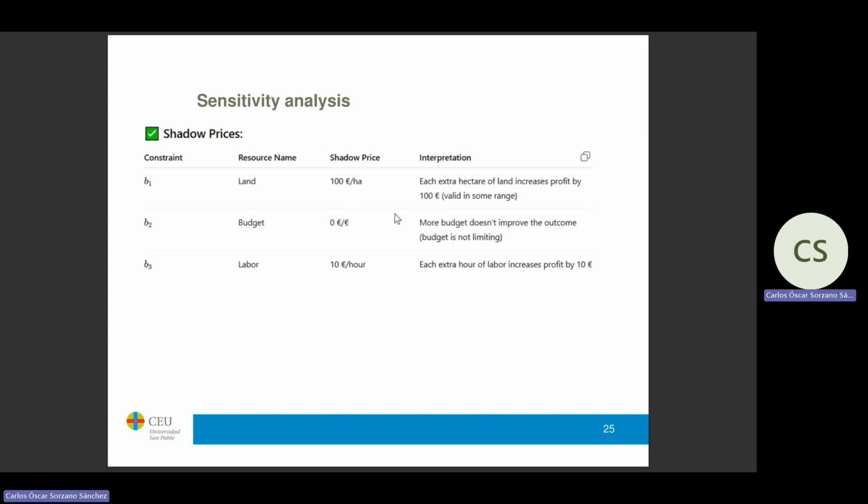And for every new euro that you add to the budget, that doesn't change the maximum. And every extra labor hour will increase the profit by 10 euros.